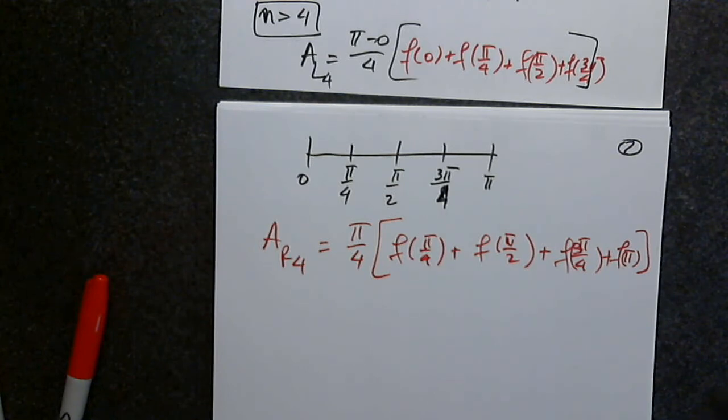That's the first list. Now the second list starts at pi over 4, and then pi over 2, and then 3 pi over 4, and then pi.